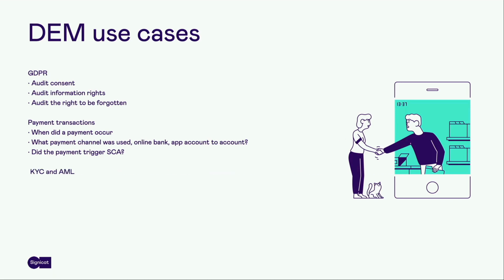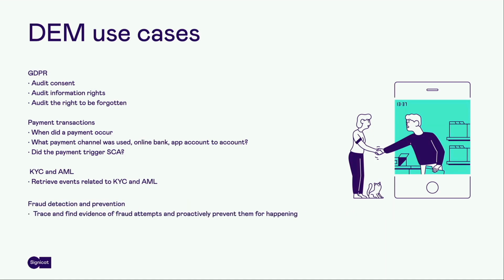And we can also use it for know your customer and anti-money laundering, to retrieve events related to KYC and AML. And we also have it connected to fraud detection and prevention. So you could trace and find evidence of fraud attempts and proactively prevent them from happening.